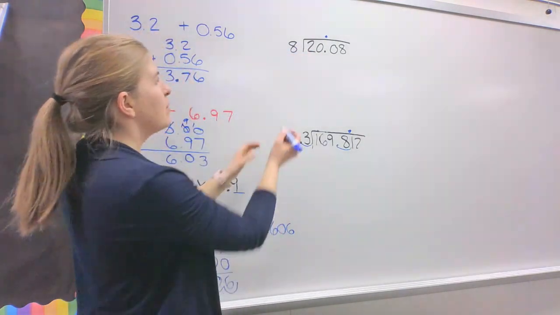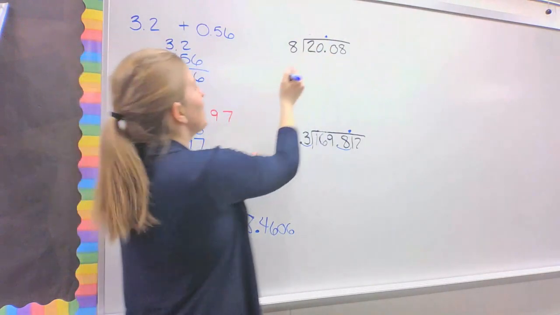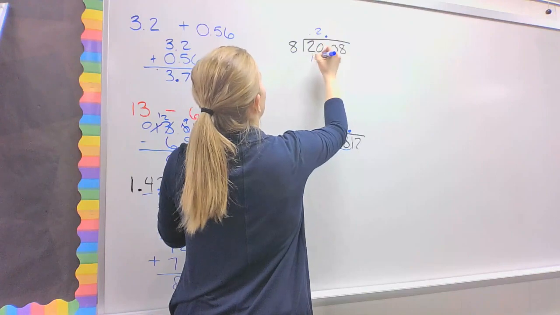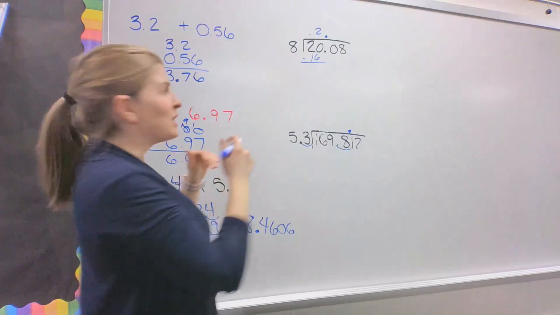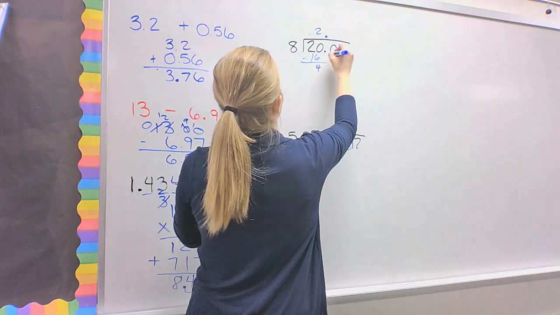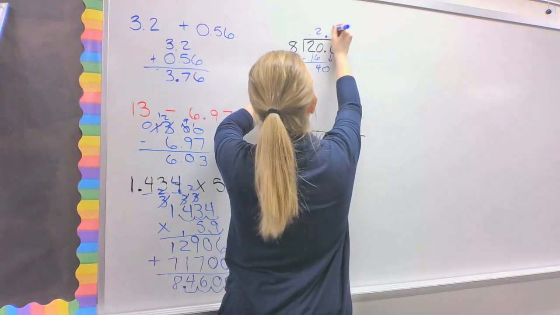8 goes into 20. We can already skip that first one. 8 doesn't go into 2, so it goes into 20 2 times. Multiply, subtract, bring down. 8 goes into 40 5 times.